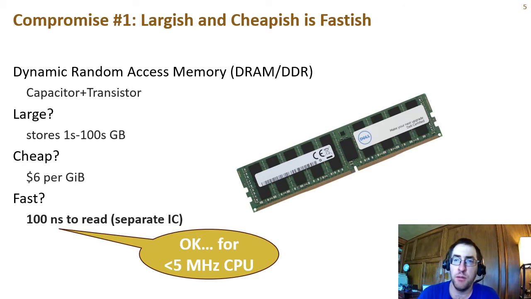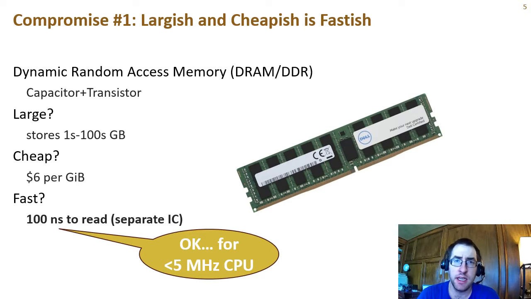It's affordable, a couple bucks per gigabyte, certainly not as cheap as a hard disk, which was pennies per gigabyte, right? So an order of magnitude more expensive, but not several orders like SRAM. Is it fast? Well, not really. It takes about 100 nanoseconds to read from a modern DDR4 chip, which is off the processor.